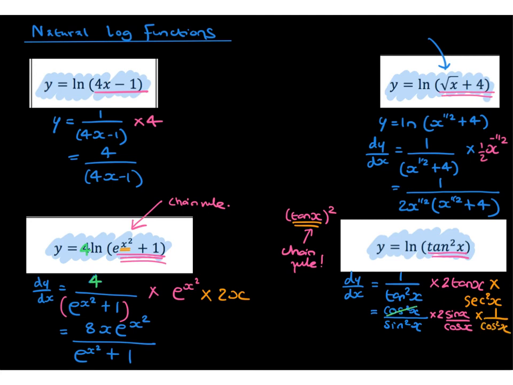So we get a cancellation here and here, and then the sine x here will cancel with one of the sine x's in the denominator here, and our final answer is 2 over sine x cos x. Quite a complex question, this last one. Make sure you've looked at it very, very carefully. You have to use the chain rule multiple times and be really, really very careful as to what type of function you're dealing with at each point of the differentiation.